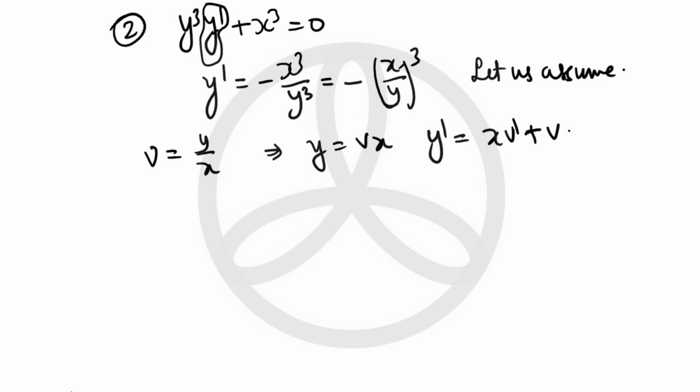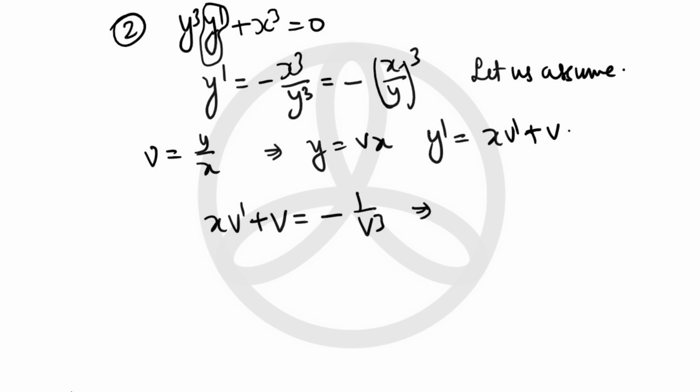Okay. And then we substitute all of it here, and since we have assumed y is equal to vx, this will be 1 over v cube, and here we will get x v prime plus v is equal to minus 1 over v cube.